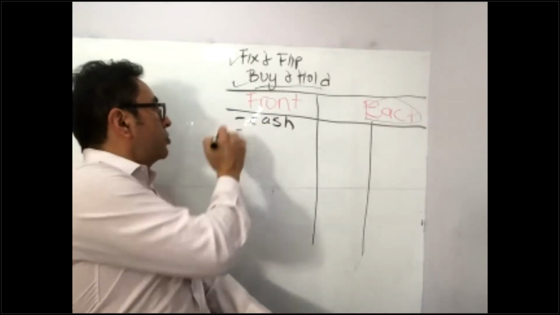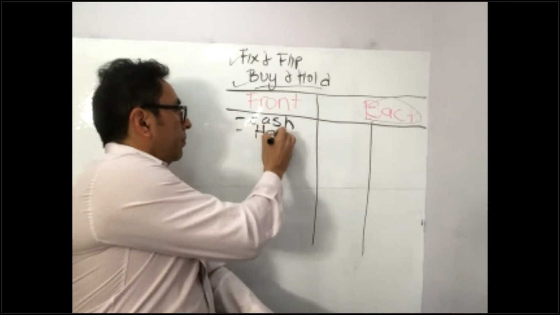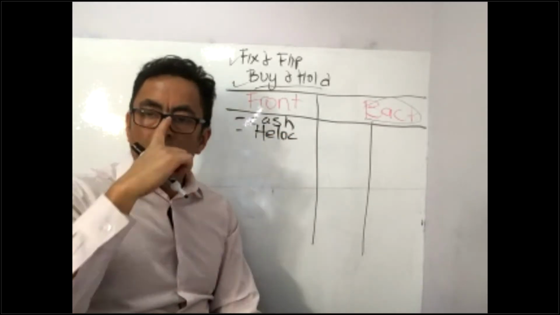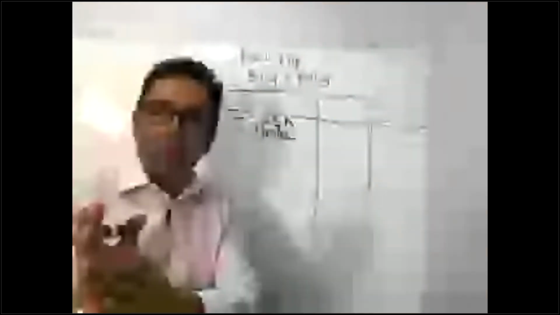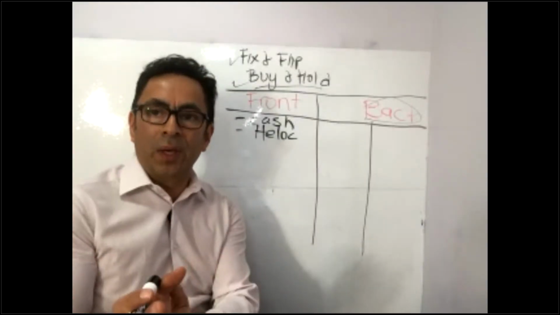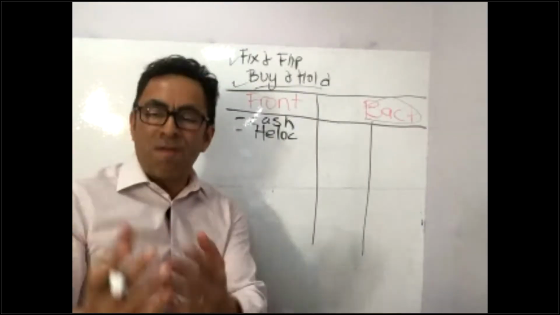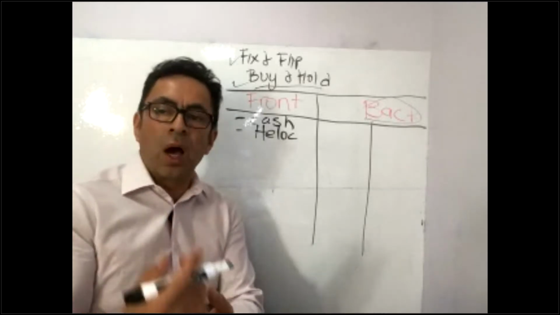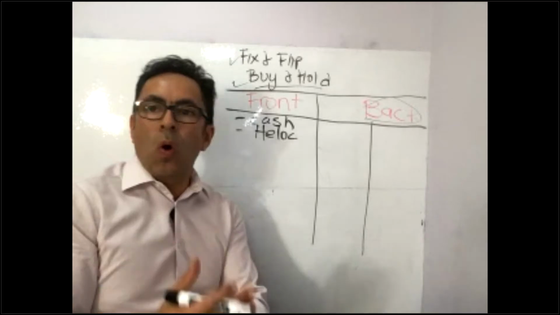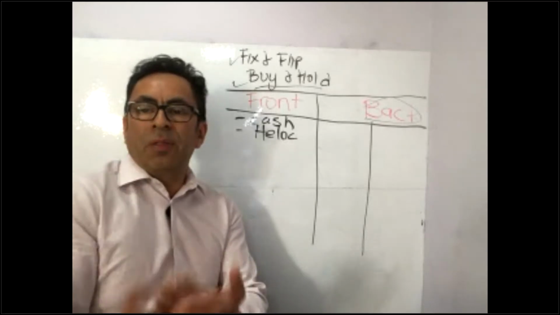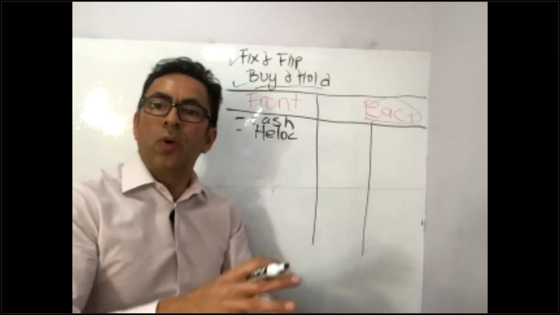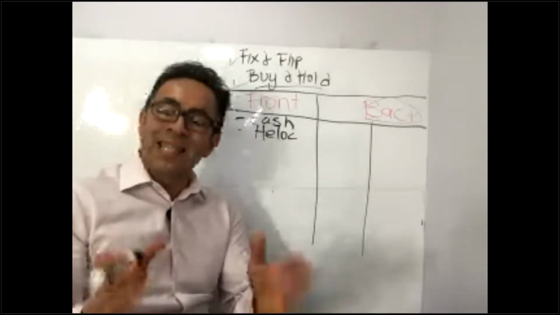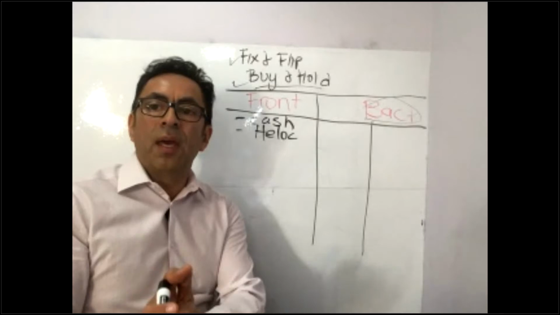So the second option is a home equity line of credit. If you have equity in your primary residence, you can tap into it to get funding. So for instance, if you own, let's say, a condo that is worth $100,000 and you owe maybe 30, 40,000 on it, you can tap into the equity to pull out as much as 75% of the appraised value.